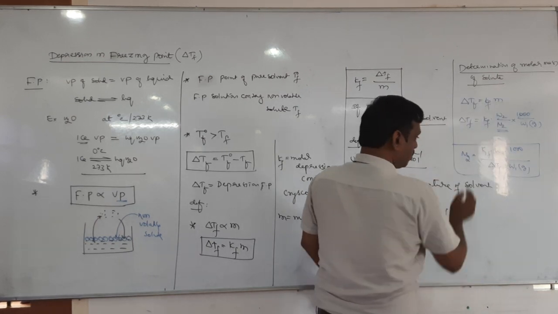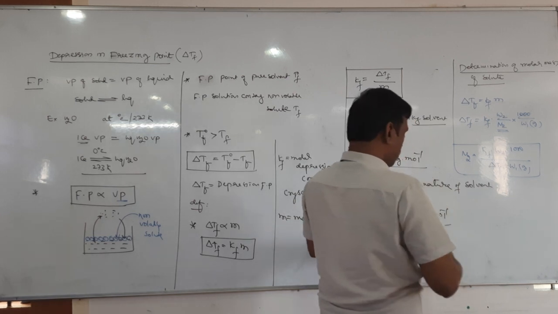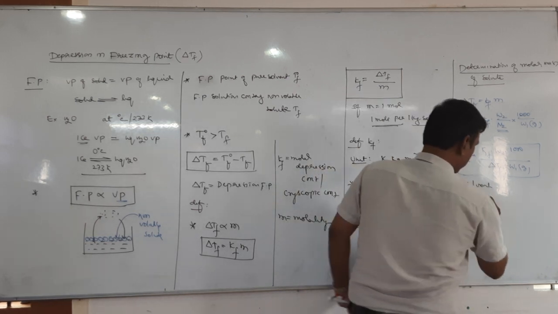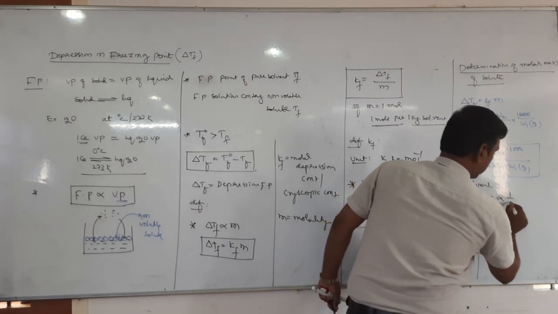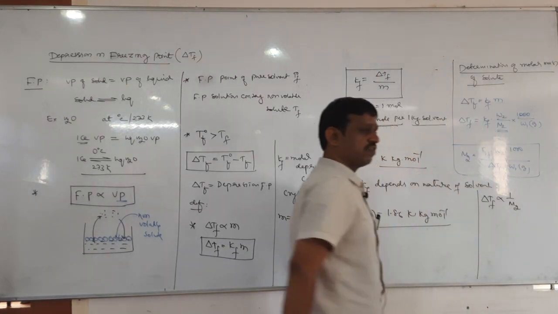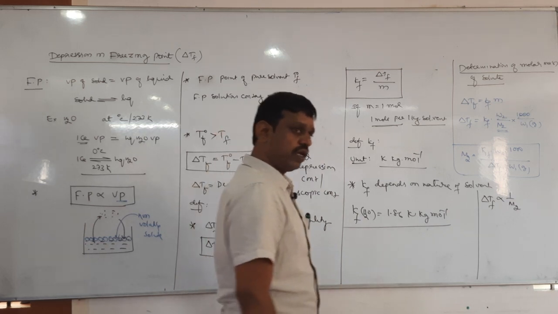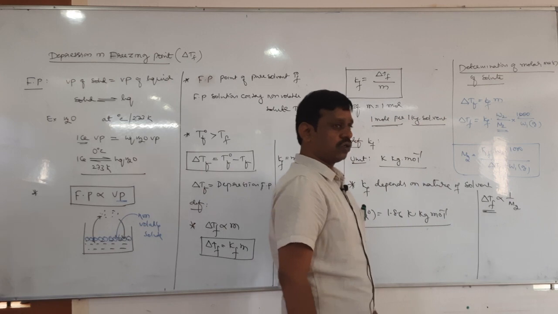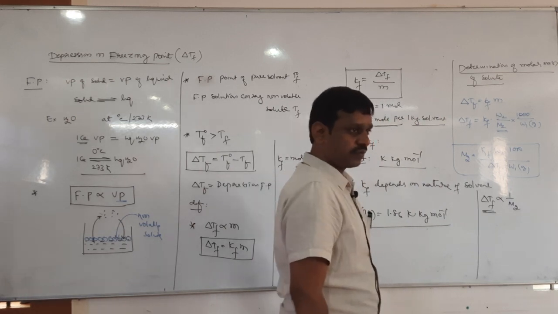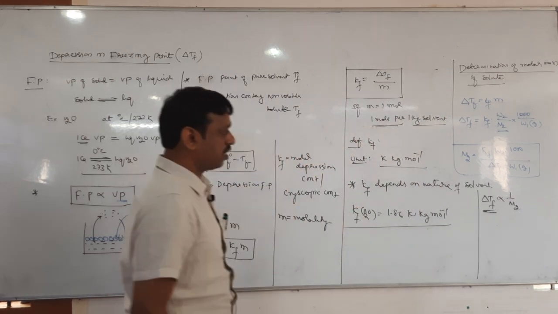Okay. Now from this relation it is clear that the molar mass of the solute is inversely proportional to delta Tf. Not only delta Tf, all colligative properties are inversely proportional to the molar mass of the solute. Okay, take it till here.